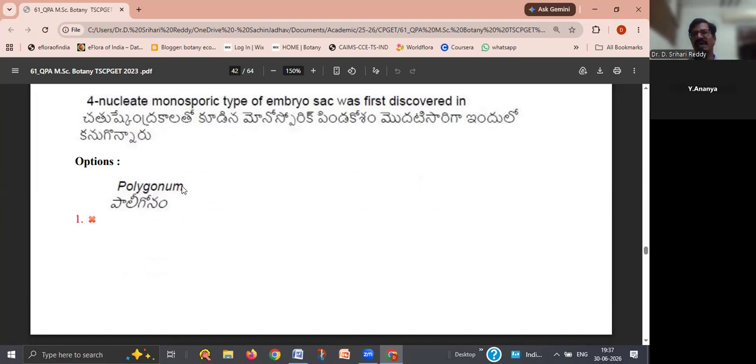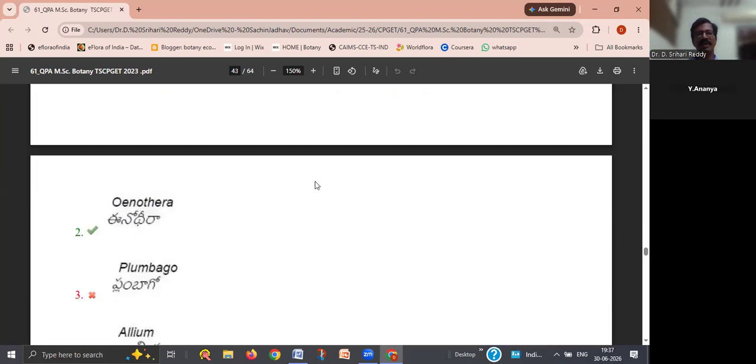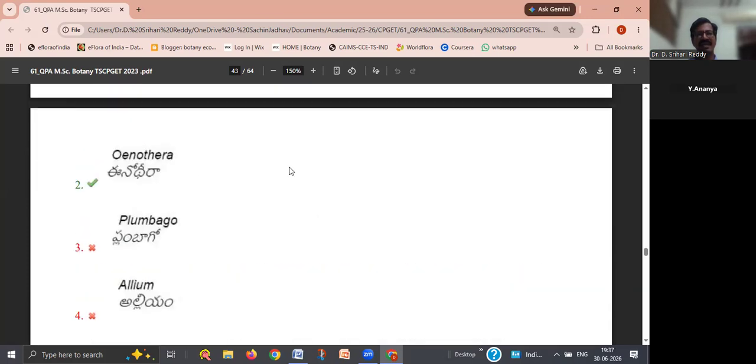Enothera is also monosporic, but we find only the 4-nucleate condition. So 4 nuclei are present in the embryo sac of Enothera, which is the right answer.